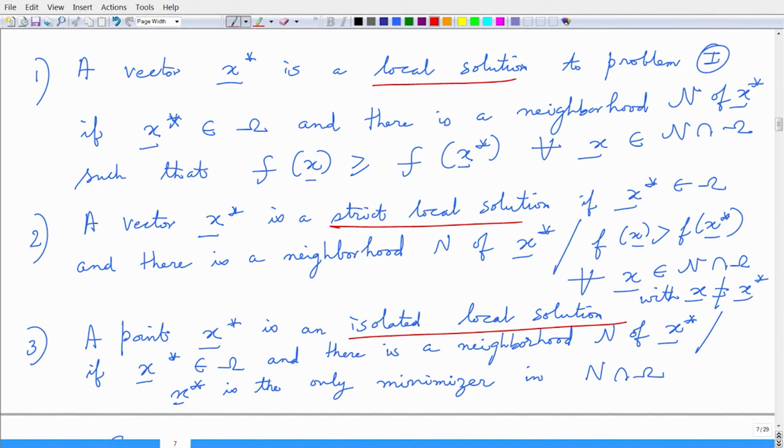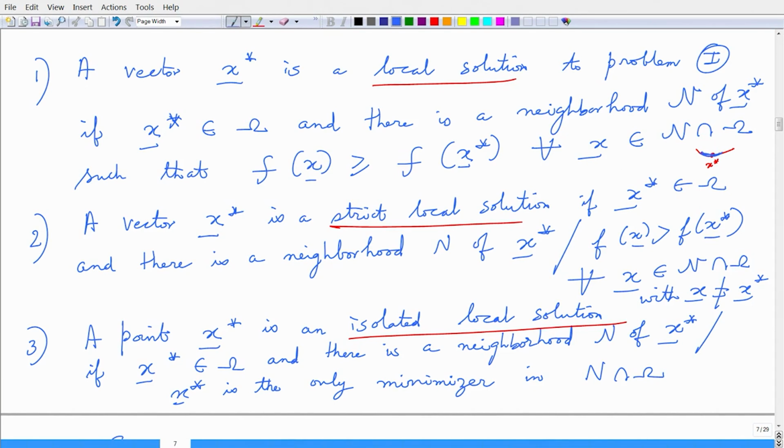So, I have a vector x star that is a local solution to my minimization problem, if x star belongs to omega and there is a neighborhood n of x star, that means I consider a small vicinity around x star. So, let us say if this is x star, then my neighborhood can be this region that I am sort of shading in blue.